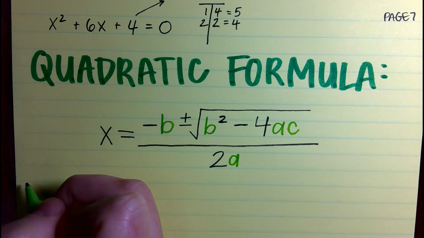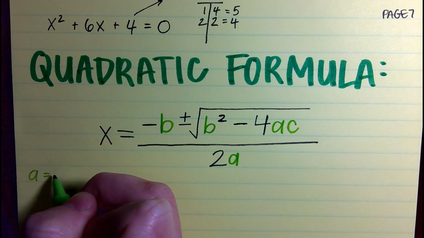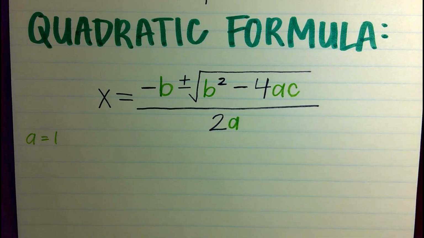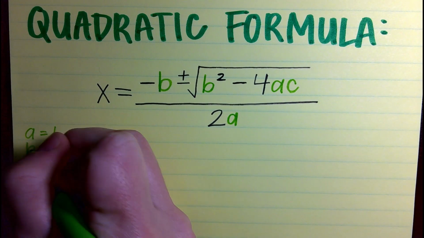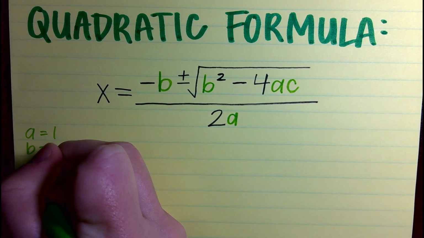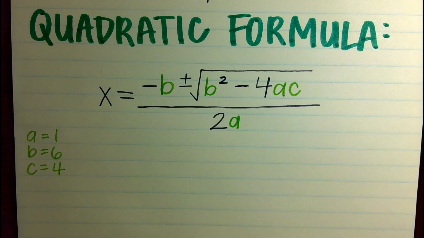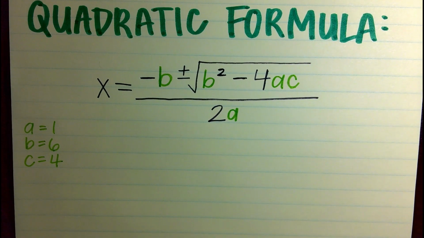I'm going to make a little key for myself. A equals 1. B equals 6. And C equals 4.